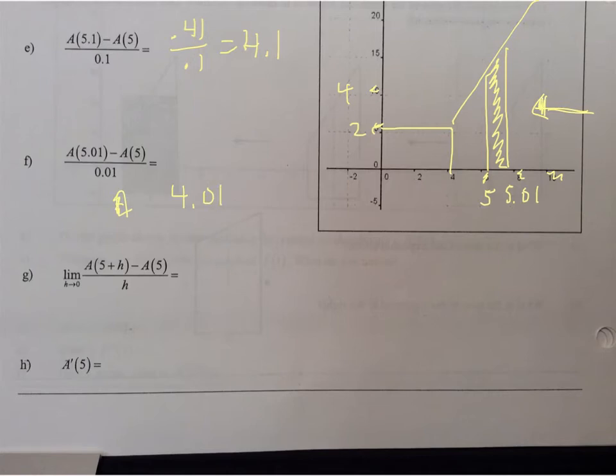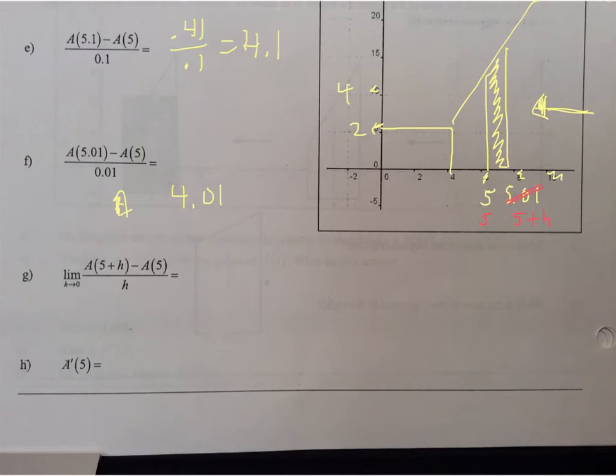Now, you probably remember that as we went into differentiation, we kept looking at smaller and smaller values away from a number. So on G, we're asked to take a similar procedure as we've done in D, E, and F, okay? And instead of making it a specific small number, we're just looking at a value from 5 to 5 plus h, where h is going to get smaller and smaller. It's going to approach 0.